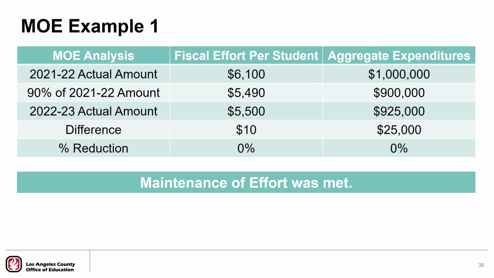So in this first example, the LEA needed to spend $5,490 on a per student basis or $900,000 in the aggregate to meet the 90% level. And you can see that the LEA exceeded those amounts per student and in the aggregate. So in this example, maintenance of effort was met.